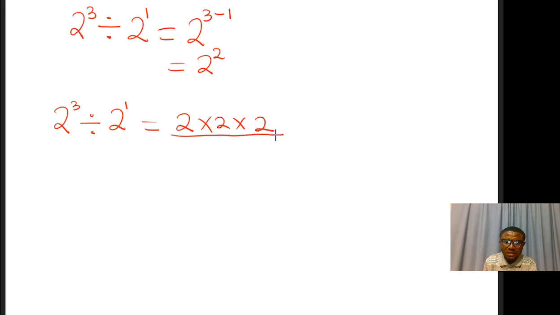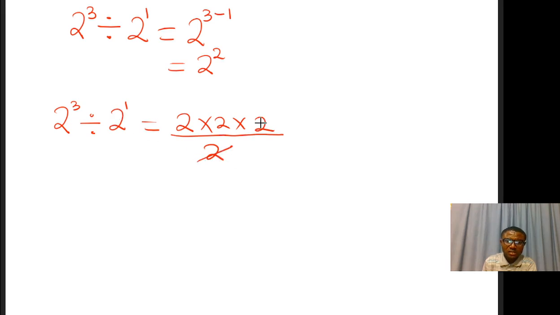Now, the other way around, we can also solve this as 2 to the power of 3 divided by 2 to the power of 1. This is equal to 2 times 2 times 2, divided by 2, because 2 to the power of 1 is 2.